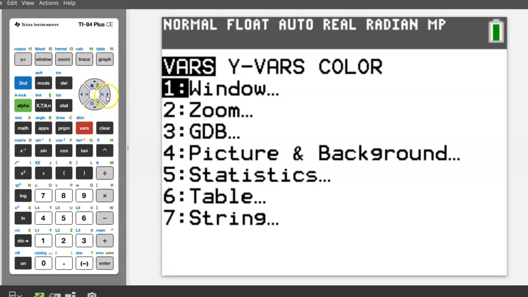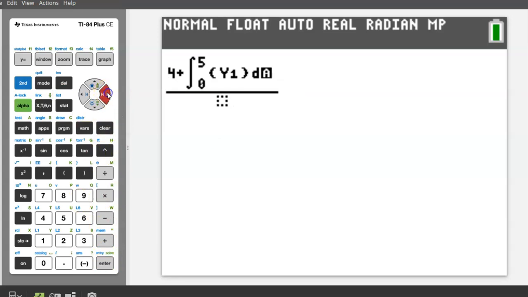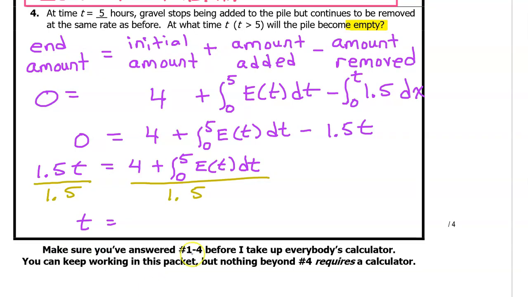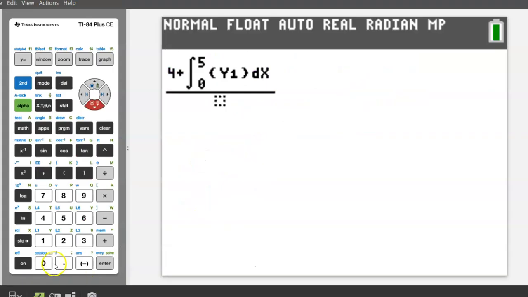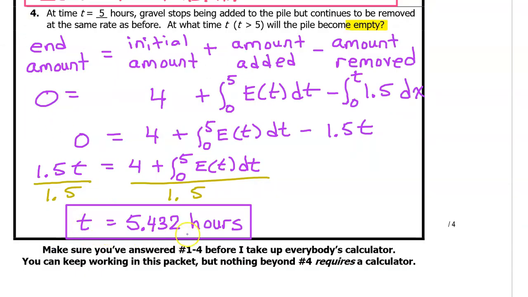So we will hit vars, y vars, enter, enter. So that's the numerator. But then we are dividing by 1.5. And that's it. 5.432 if you round up. So that's it for number 4.